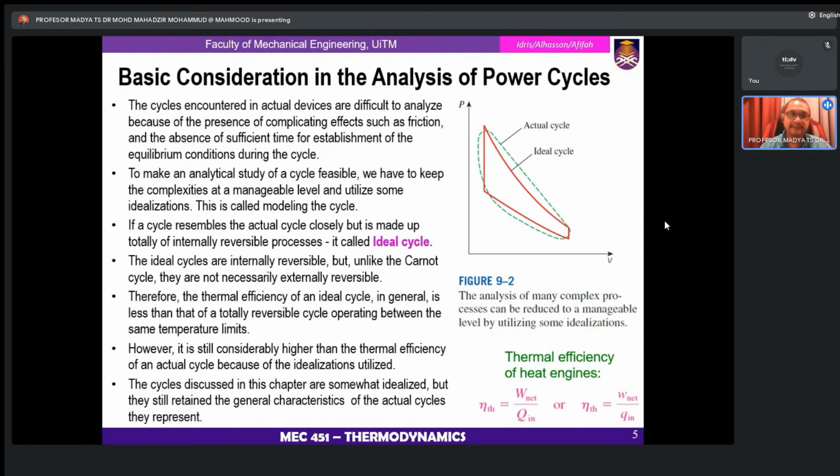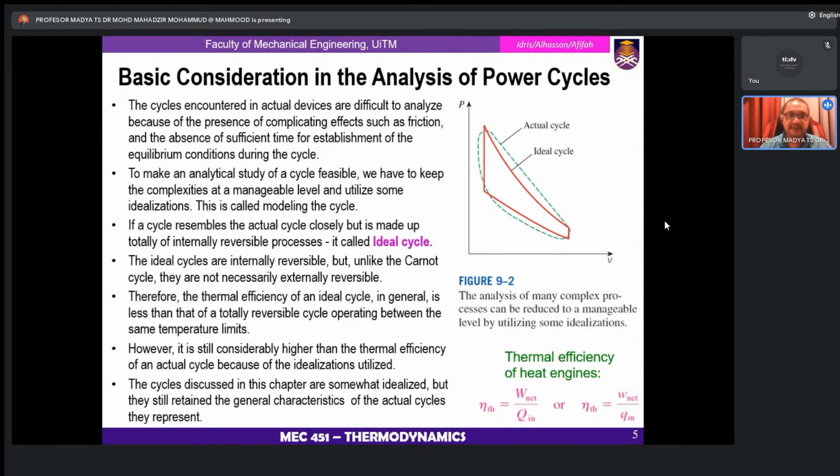So to make this analysis more feasible, we have to keep the complexities at manageable levels and utilize some idealizations. Okay, so this is called modeling the cycle.